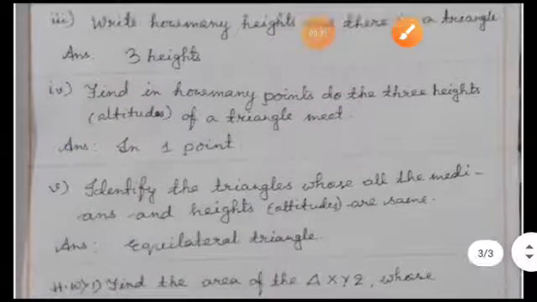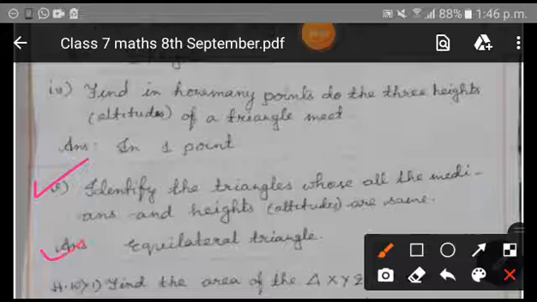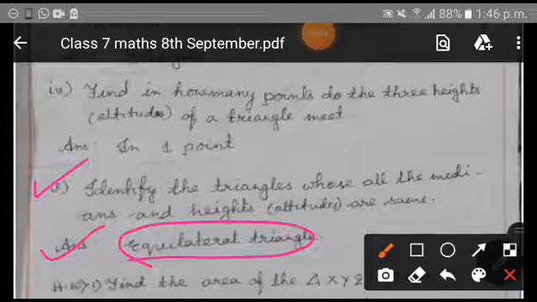Next one, identify the triangle whose medians and heights or altitudes are all the same. This one also we have studied: it is the equilateral triangle. In an equilateral triangle, all the medians and heights are the same.